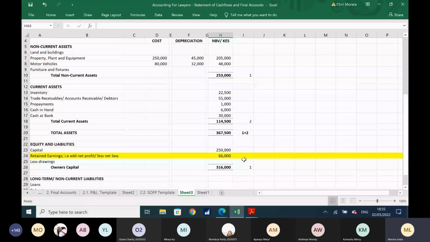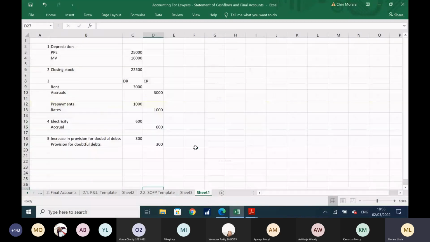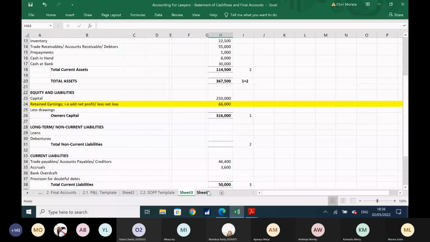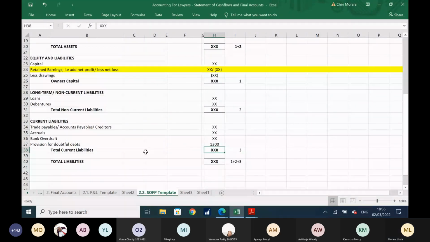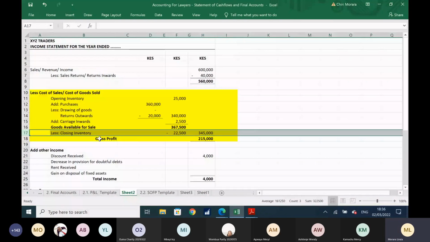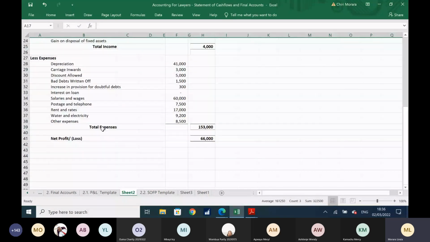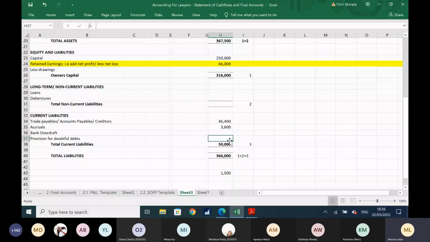We are missing 1,500. That I'm not sure where it's from. 1,500. Did we increase our provision for doubtful debts? What is this? Oh, I put the provision for doubtful debts in the wrong place. Yeah, there should be 1,300 here.